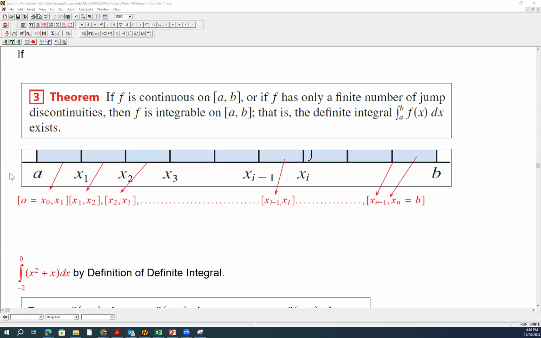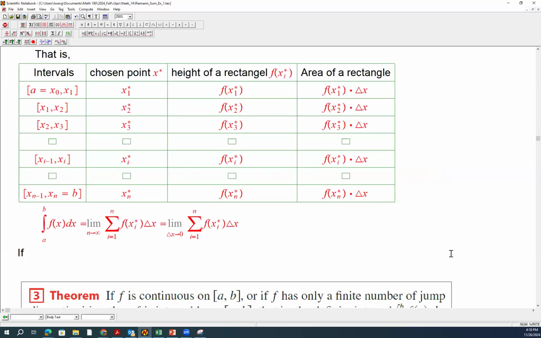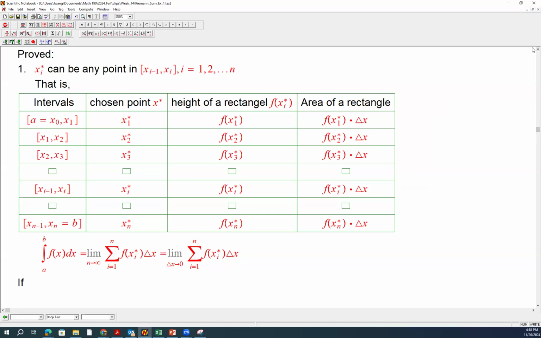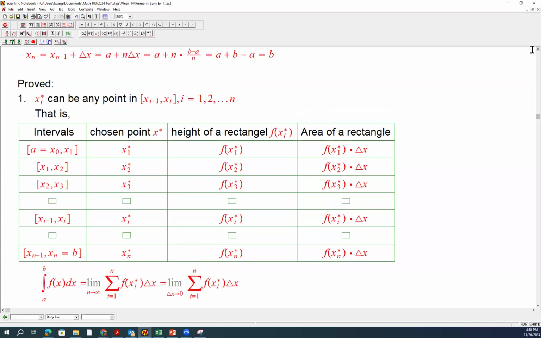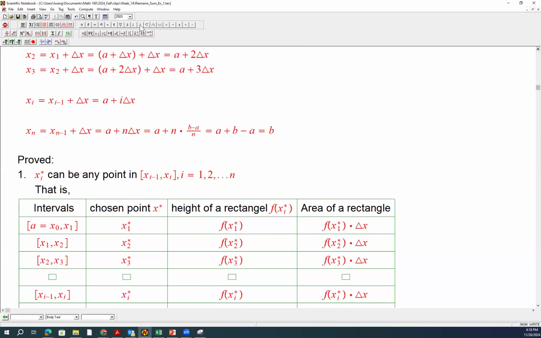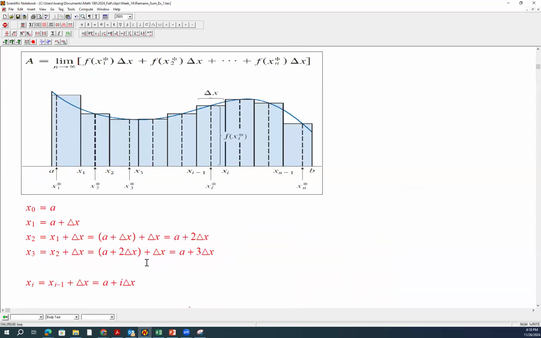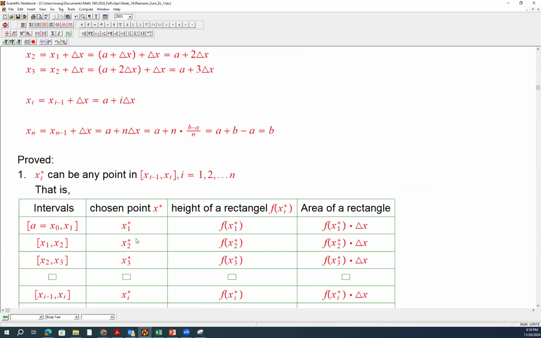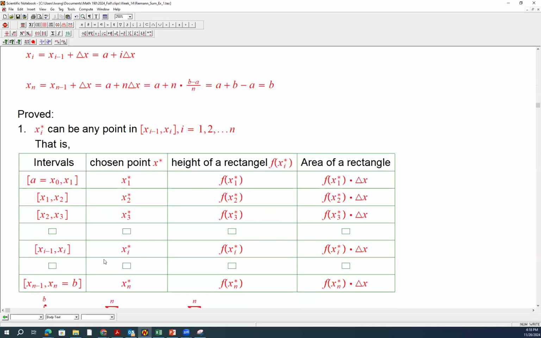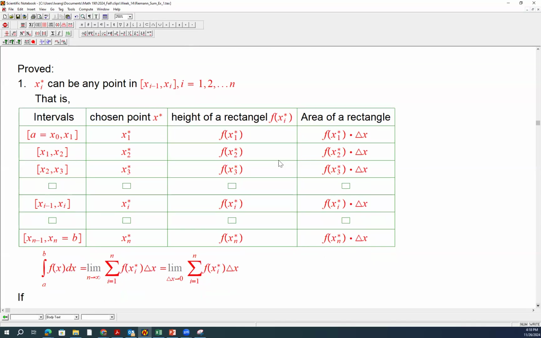Okay, so let me clean this up. Make sure you got this. So these are the subintervals, and we have all those slices. So around this, we got all this detailed work. But in the definition, we choose arbitrarily a star point in each interval.